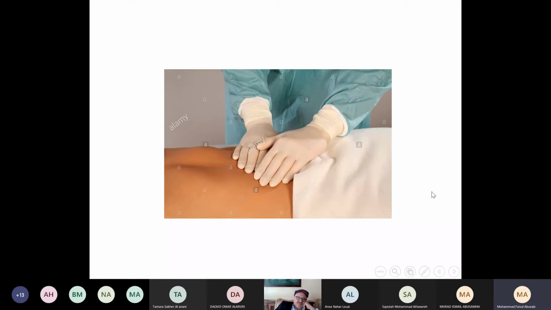Maybe a swollen belly. We call it distension, right? Distension. Didn't the patient mention distension in the history? We want to know what the patient means by this distension, because people mean different things when they say distension.